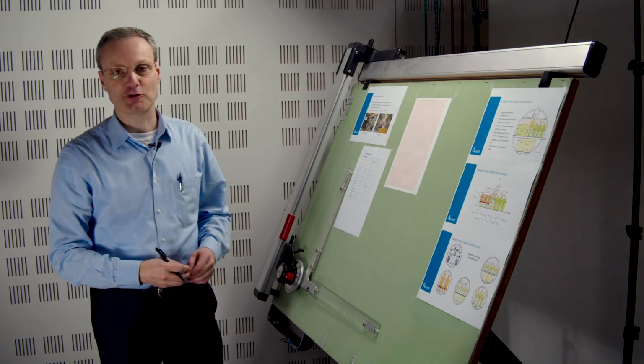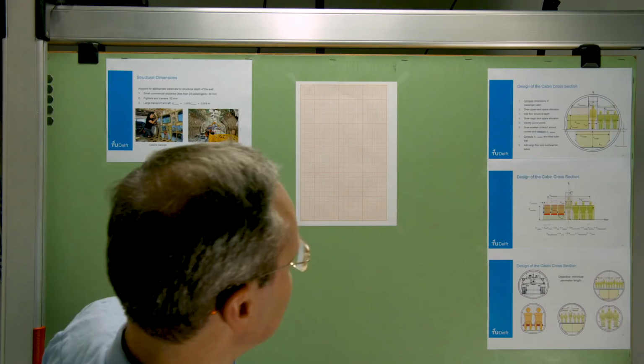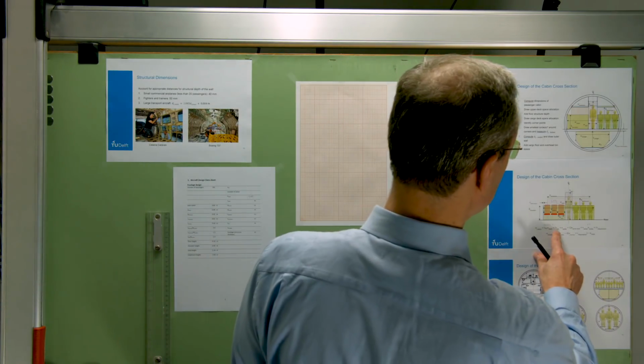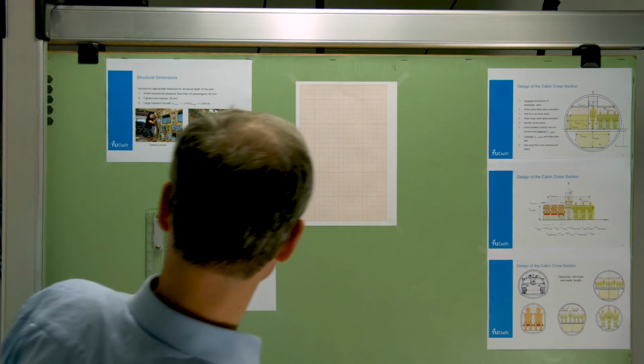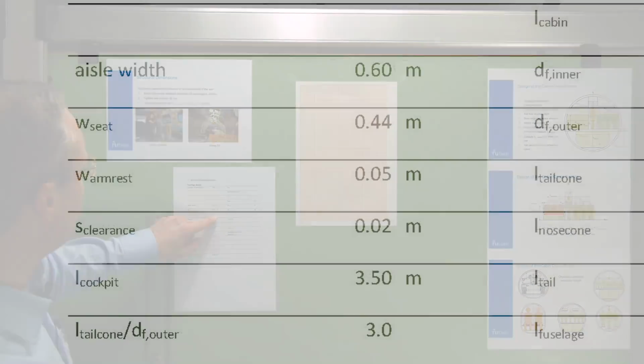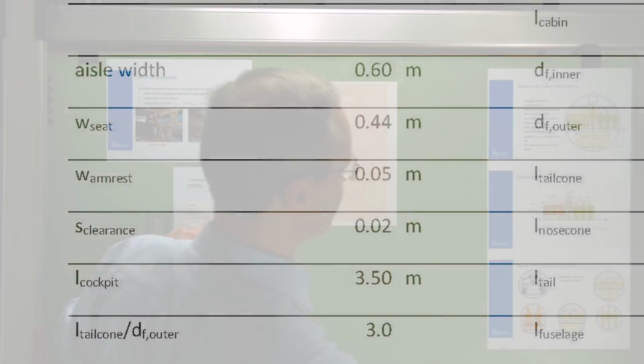Then we have, of course, to take into account the room for the armrests. We will have the number of seats plus the number of aisles plus 1 armrests. So we have 5 plus 1 is 6, plus 1 is 7. 7 multiplied by the armrest width, which has been given as 0.05 meters, so 5 centimeters.